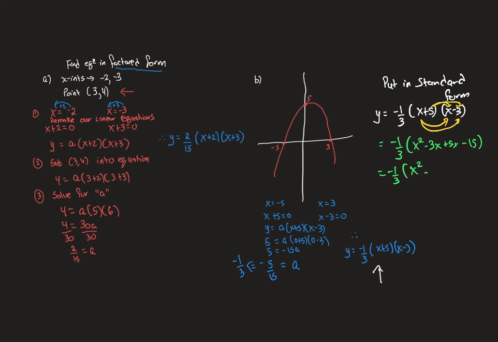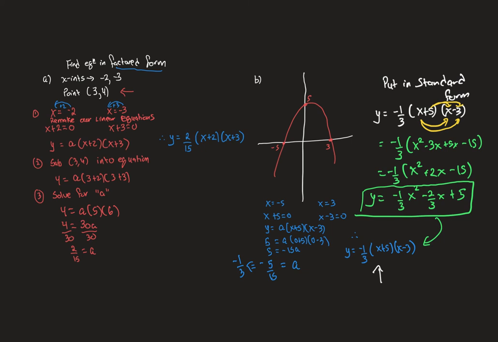X squared, plus 2x, sorry, and minus 15. And finally, now the -1/3 goes in there, so you're going to have -1/3 x squared minus 2 over 3x, and plus, because negative and negative, 15 over 3, which is 5. And that is the equation in standard form.